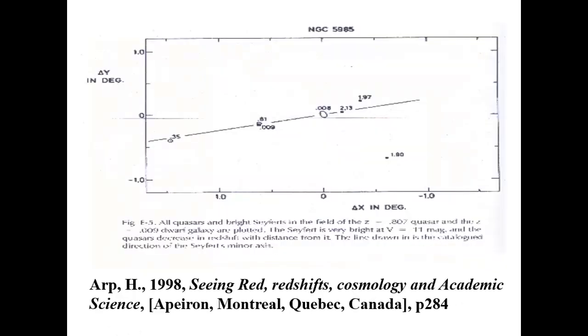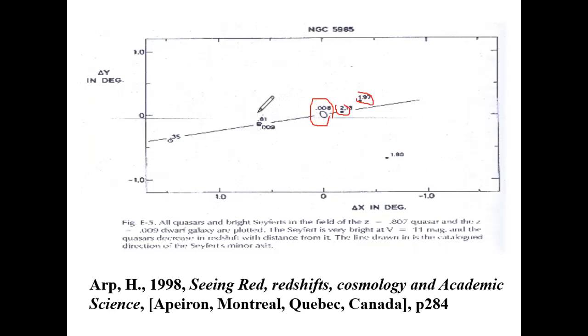This is another graph that he had where he's looking at a spiral galaxy with a redshift of 0.008 here. And then he's looking at what he calls other QSO galaxies. Here you see 2.3 going to 1.97.